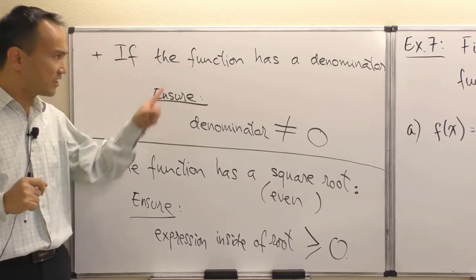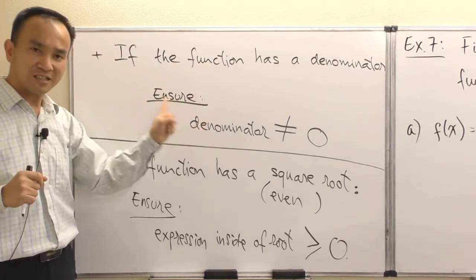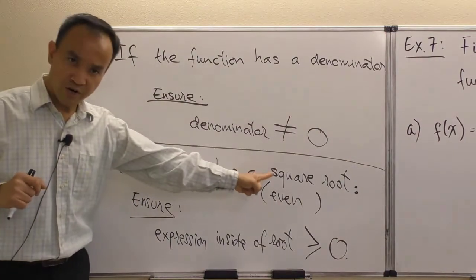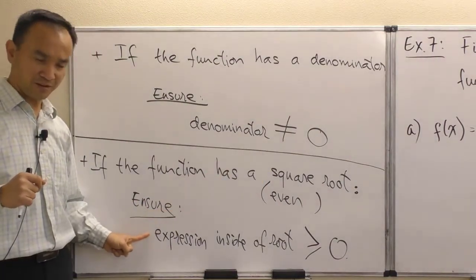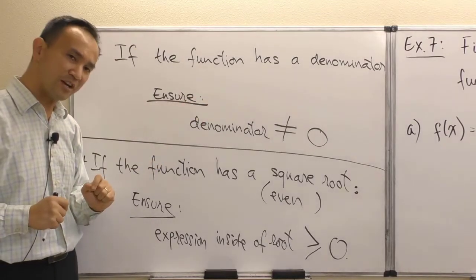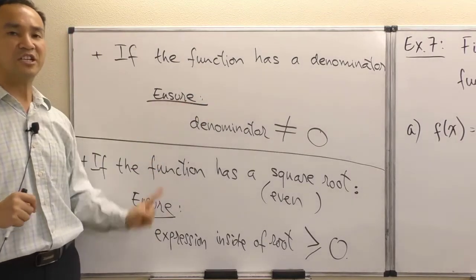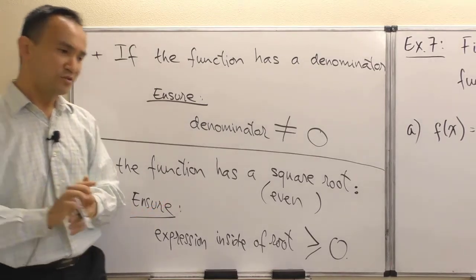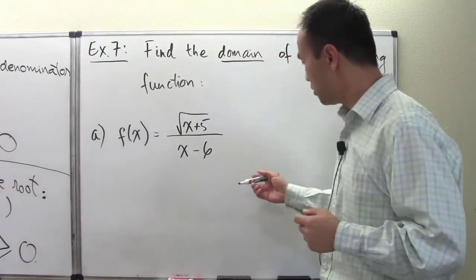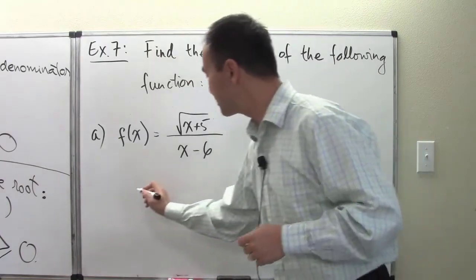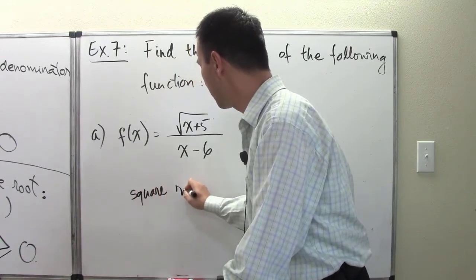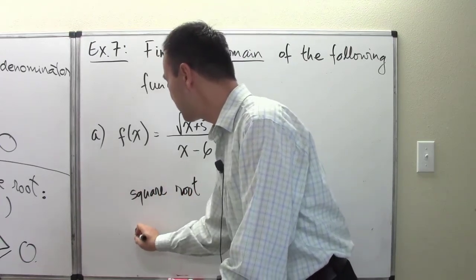Anytime we have a denominator, we have to ensure this, and anytime we have a square root, we have to ensure this. In the worst case, like the problem I've already written down on the other board, we have to ensure both. So there's a square root and there's a denominator.